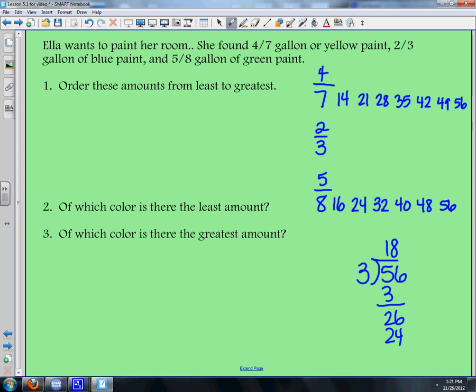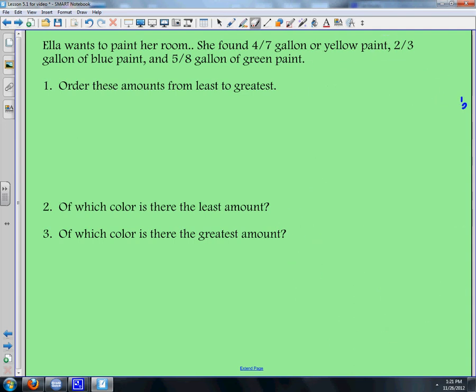So if I don't have an easy common denominator, the last resort, I would say, is to divide and do some long division. Now, if I have long division, that means I'm going to do 4 divided by 7. So I'm going to put 7 on the outside, 4 on the inside. 7 cannot go into 4, so that becomes a 0.